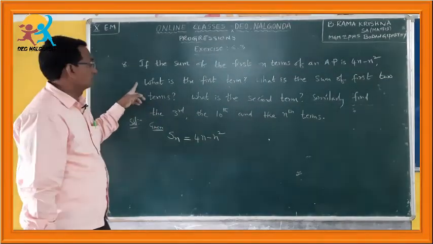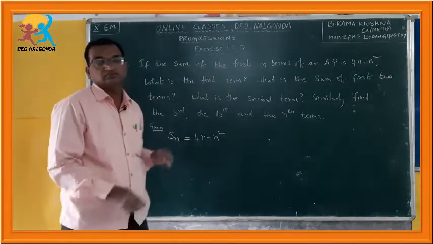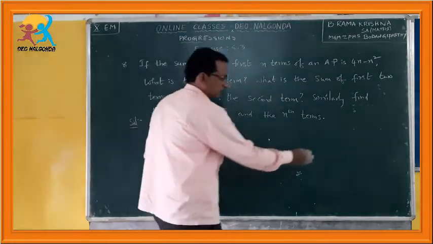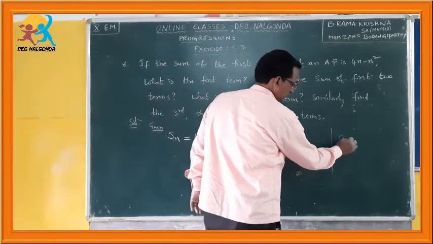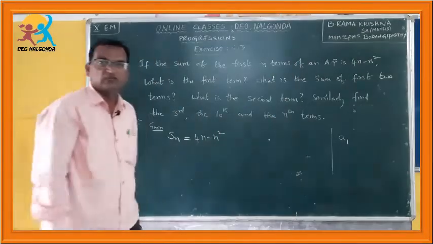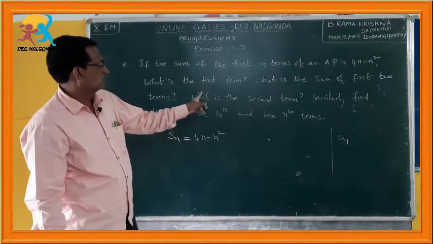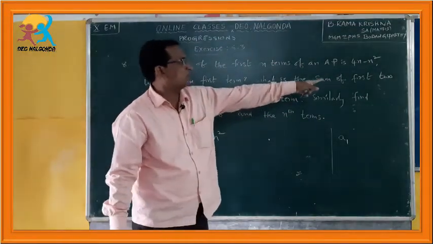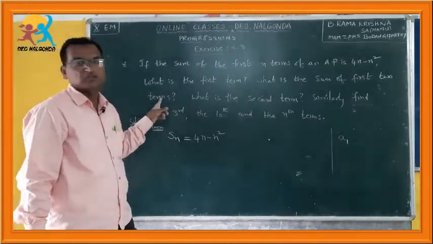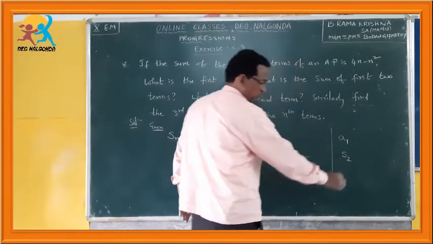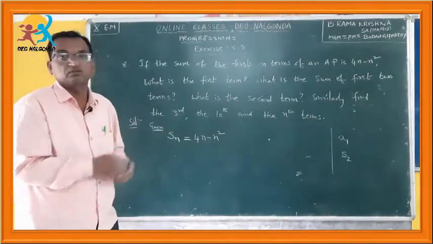What is he asking? What is the first term? You have to find the first term. How do you denote the first term? First term is denoted like this, A sub 1. What is the sum of the first two terms? How do you denote the sum of the first two terms?